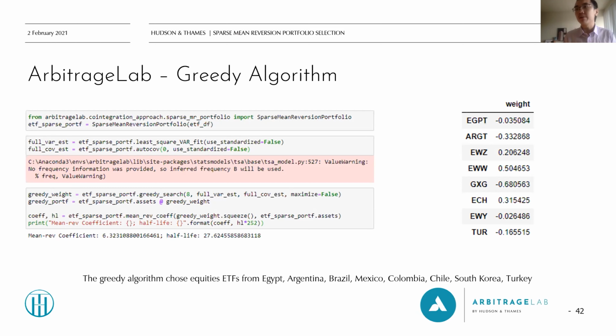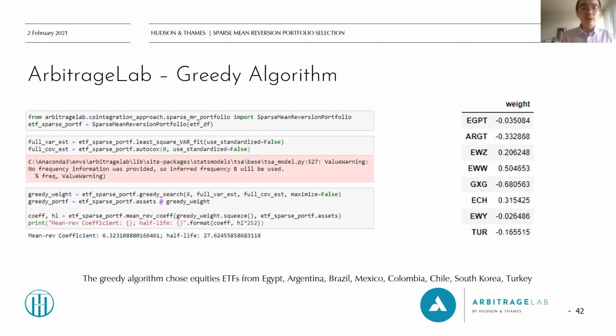For example, all of the South American countries are commodity exporters. So from this result, you can first construct a portfolio that you can trade with, and it might also tell you how the commodity complex is interacting with each other.